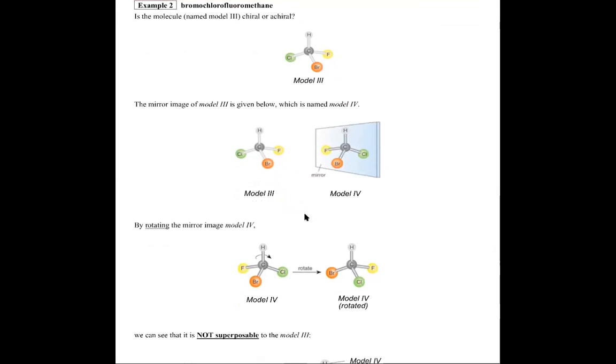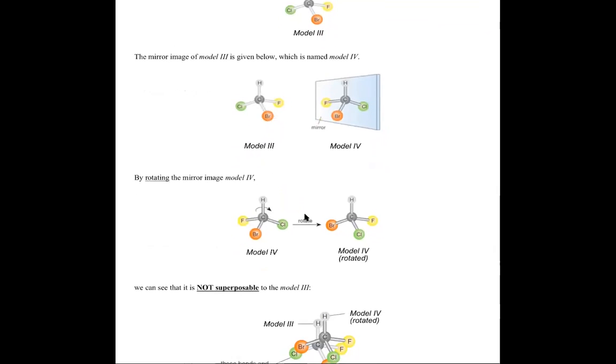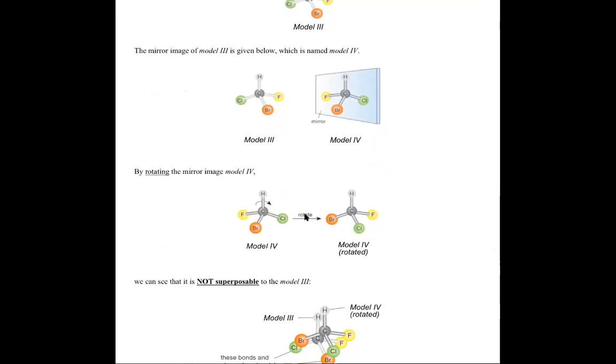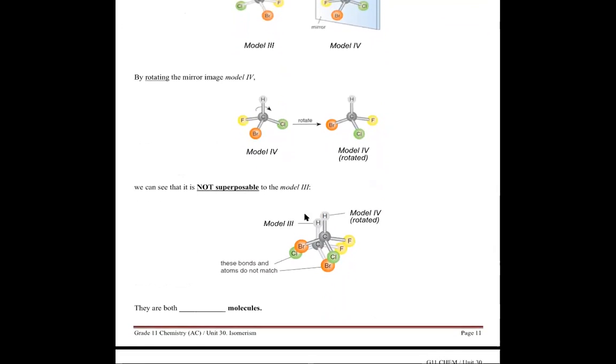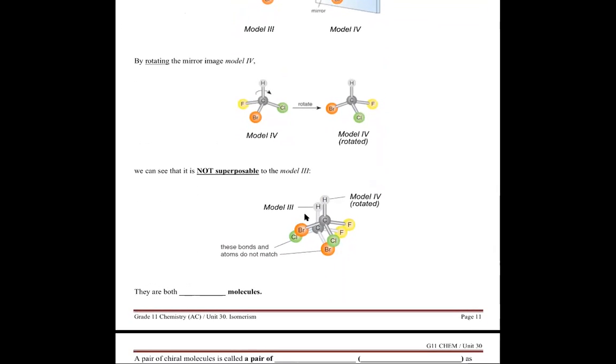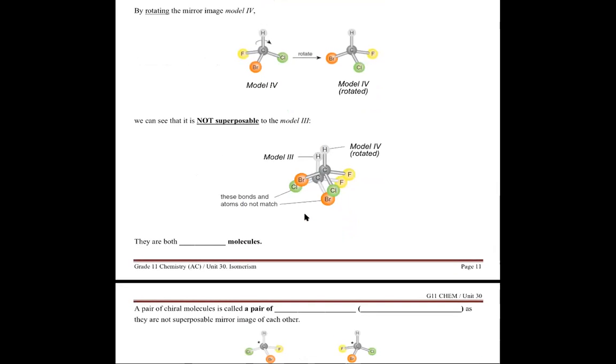After we get the mirror image, we try to rotate it to fit the position of the original one. But as I have shown you in the video, it's not possible. So it's not superposable to the original one. Hence, for this molecule, we say it is chiral.